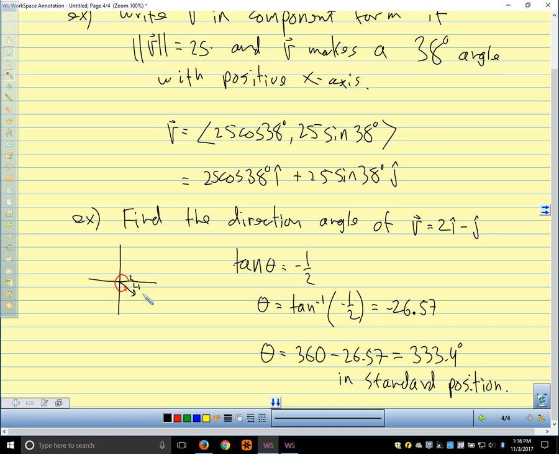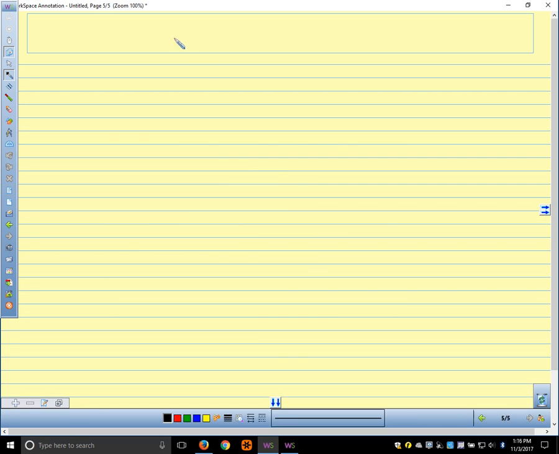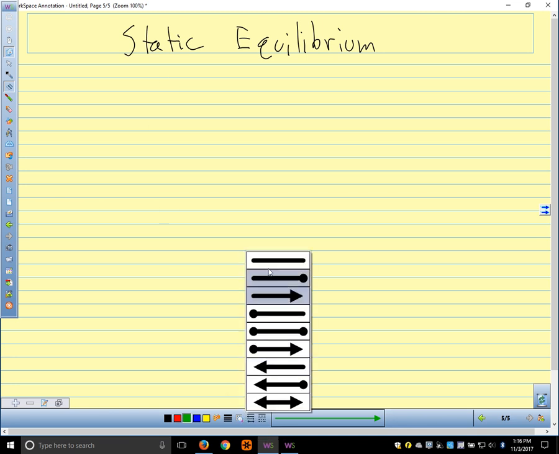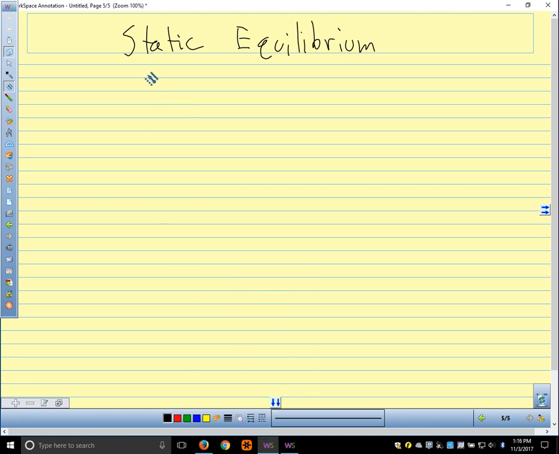Okay, one of the main applications of vectors that we'll see, you'll see others, is static equilibrium. So we'll get some kind of problem set up that looks something like this.